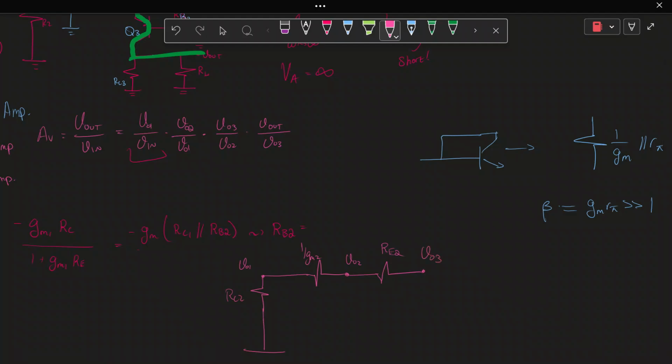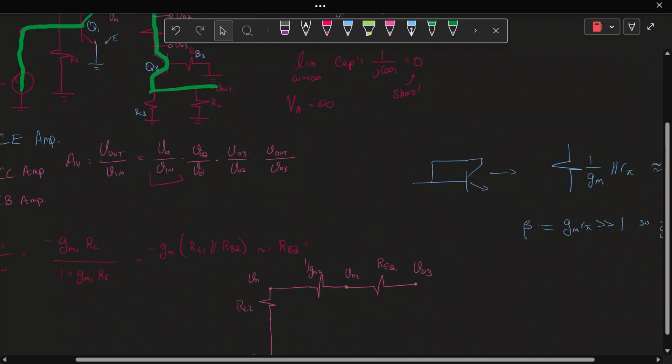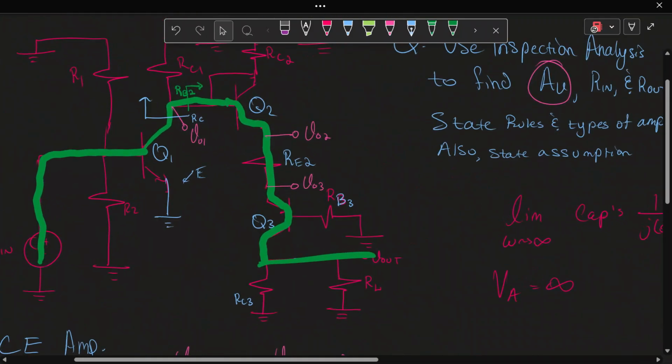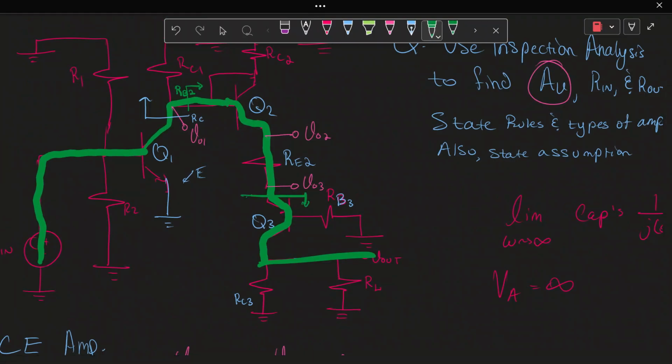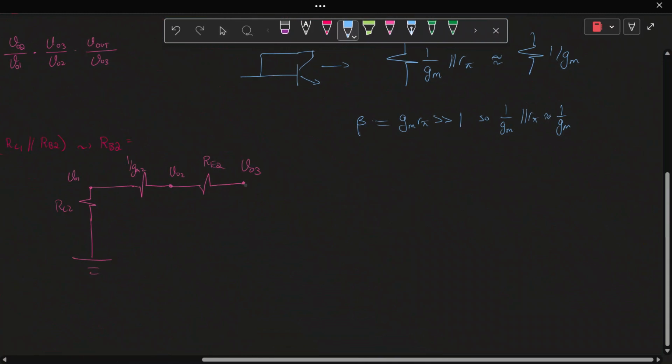You're seeing there are a lot of resistances and voltages in between. And then what you have here is actually looking into the emitter of Q3. So we're going to label this as RE3, looking into the emitter, which we can then label here.